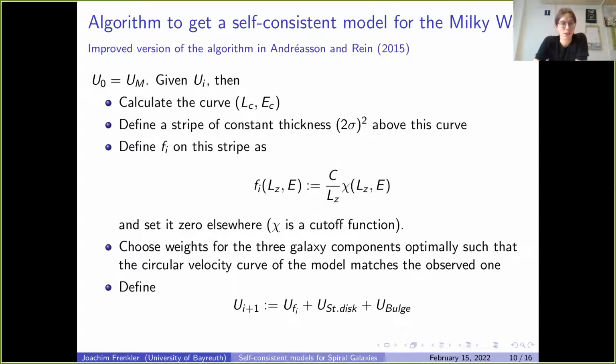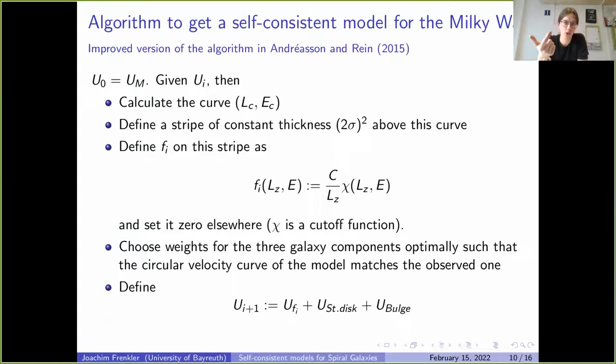It's justified to ask whether this algorithm is likely to converge, because in particular we modify our ansatz in each step. But when you look at this algorithm, it's quite obvious that it has a good chance to converge, because in the fourth step, we take care that the circular velocity curve of the model and the one of the Milky Way look similar.